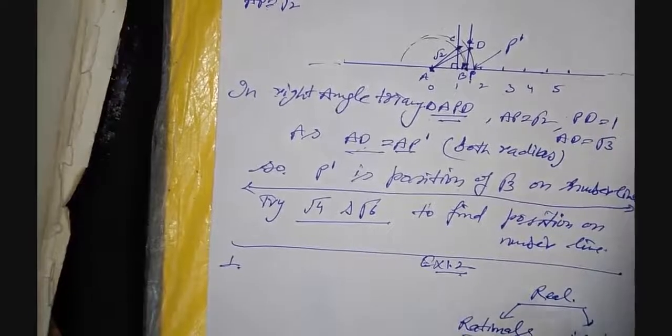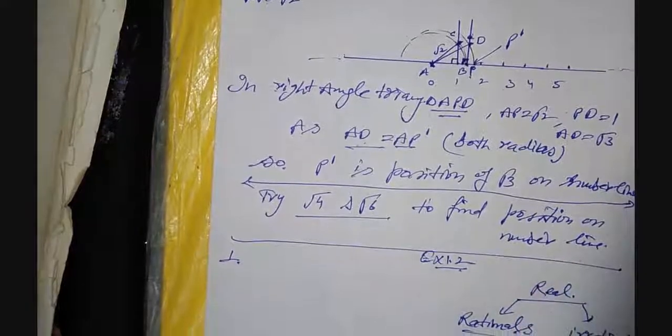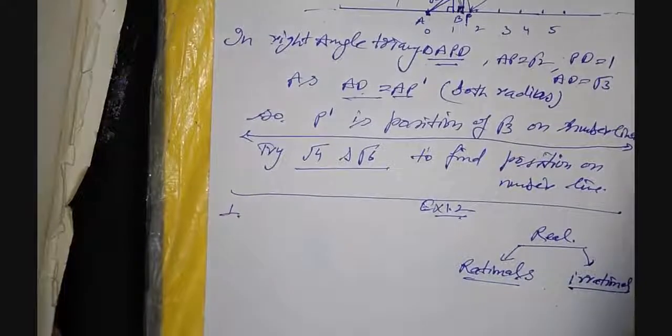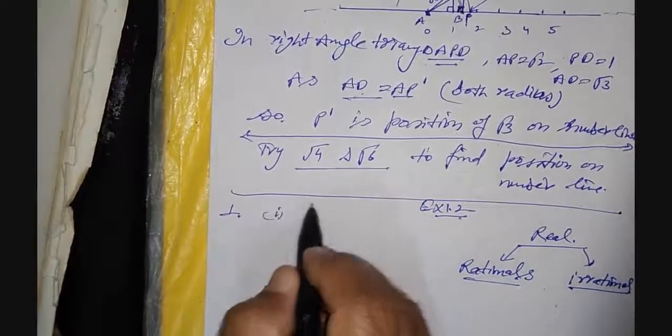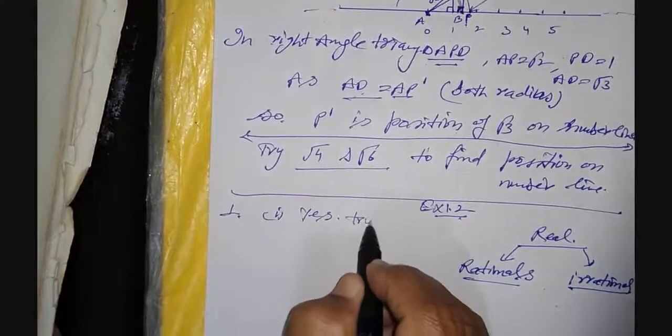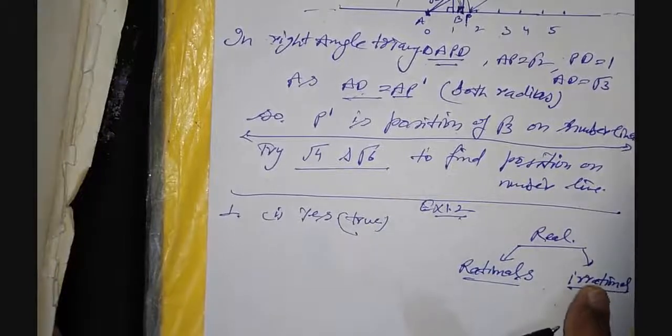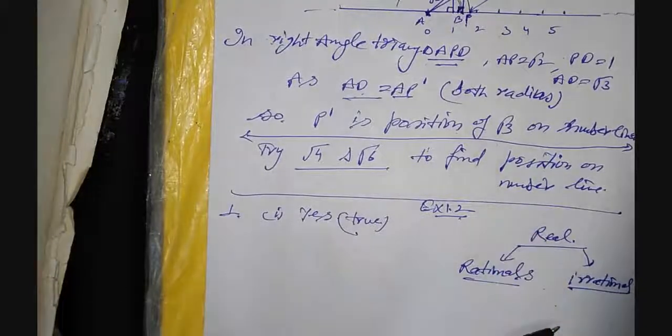So all rationals are real numbers, all irrationals are real numbers. So the first question, you can say true, because every irrational number is also a real number. So the first part is yes, true. Why true? Because every irrational is a real number.